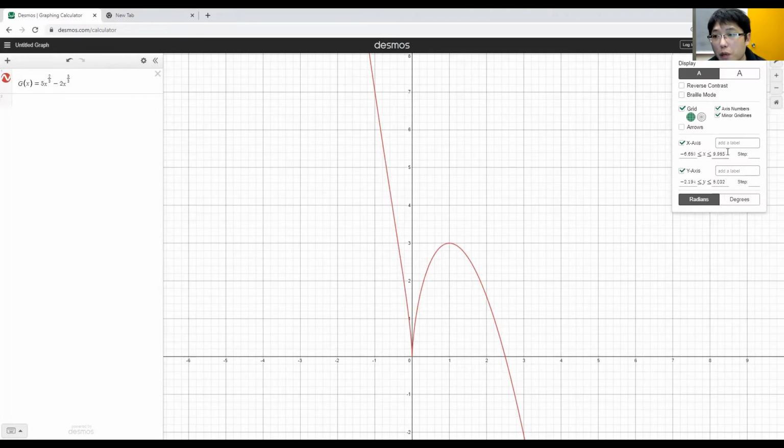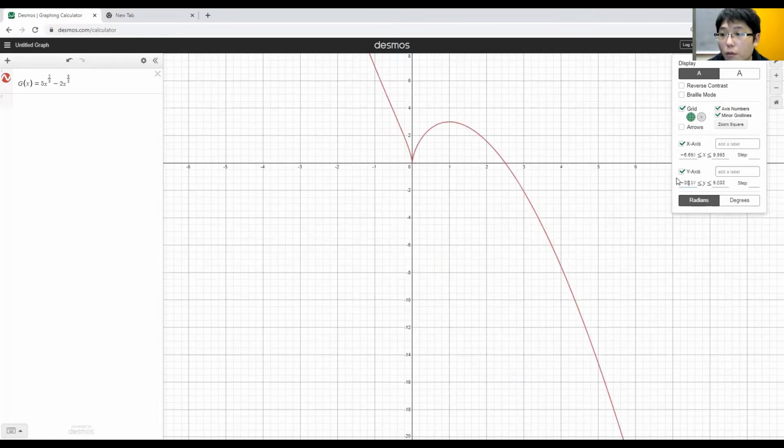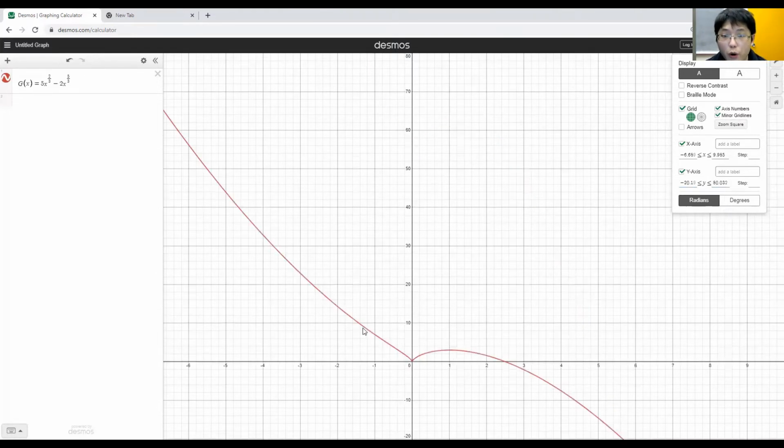Indeed, this basically means we need to change the ratio between the x-axis and y-axis. Now let me change this to, for example, 20.194, and then it will be 80.194. This way you will see that this is not really a straight line, but actually has got some curve.